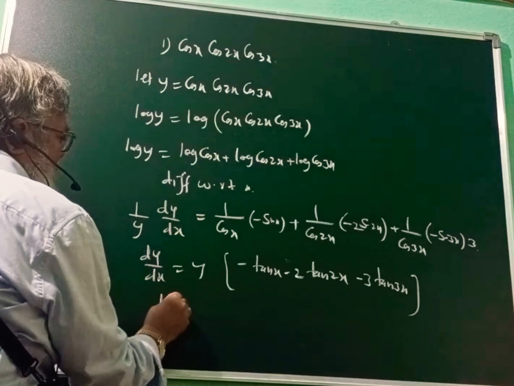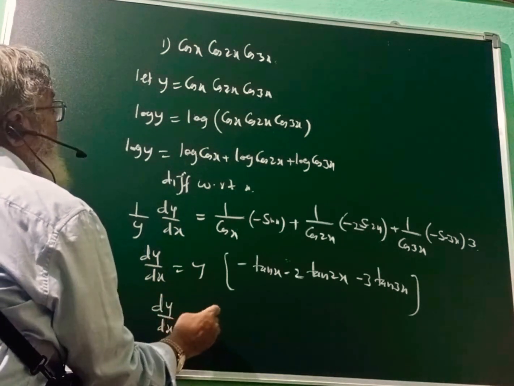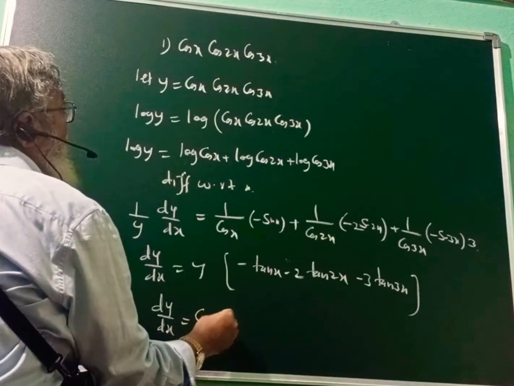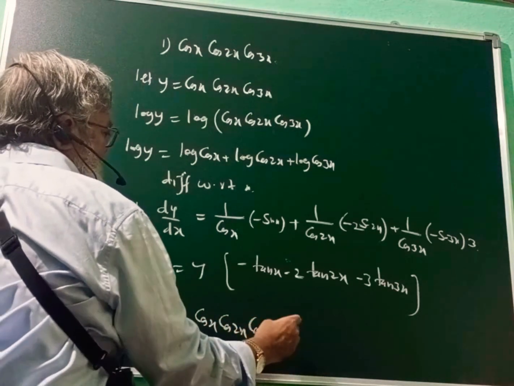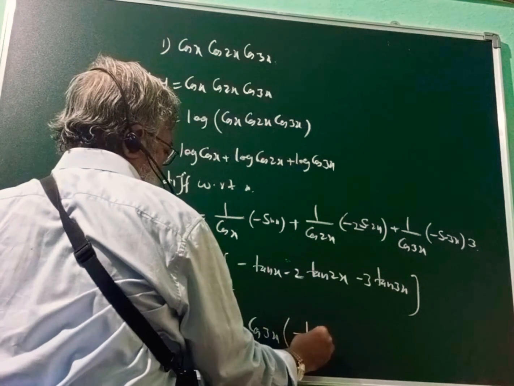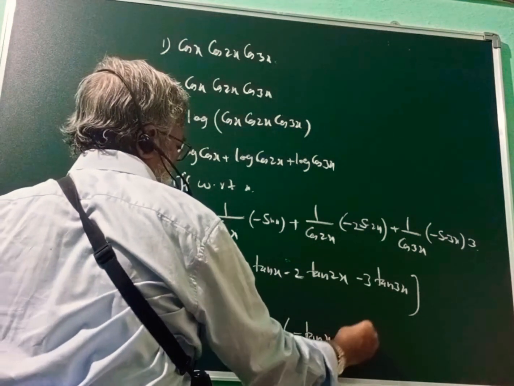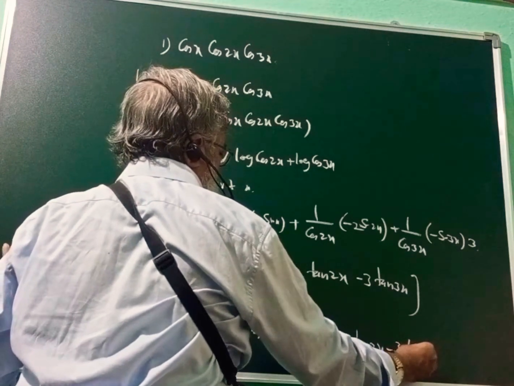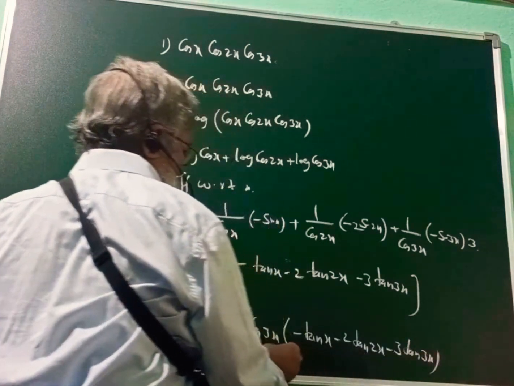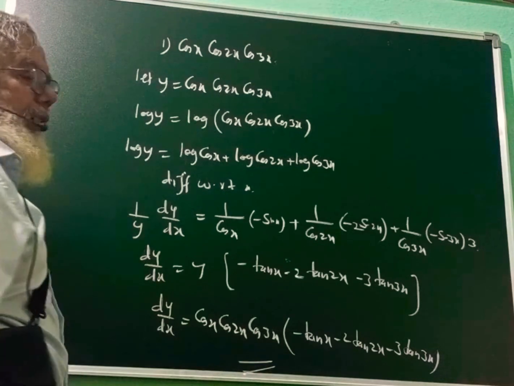Therefore, dy by dx is equal to cos x into cos 2x into cos 3x into minus tan x minus 2 tan 2x minus 3 tan 3x. That is the value of dy by dx for this problem.